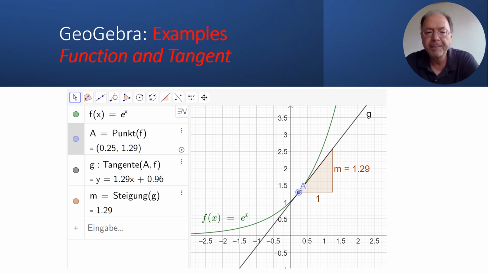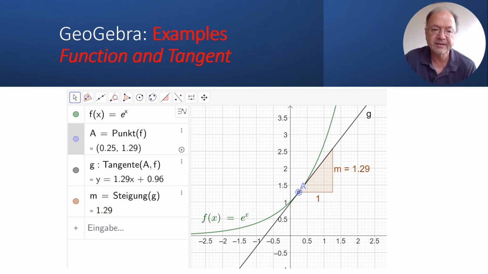Next example, differentiation and showing the result of differentiation. I have a function f of x equals e to the x. With a mouse, I put a point on my curve, on my object, and then I can tell it I want the tangent to the curve in this point.